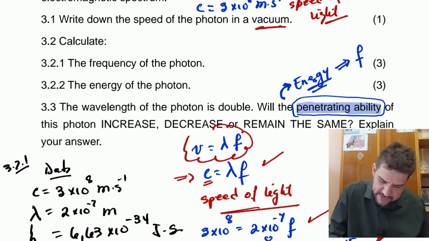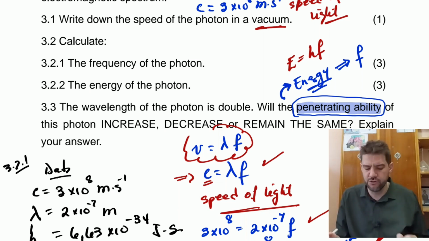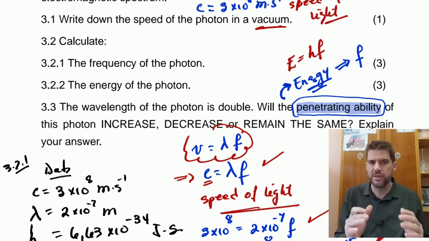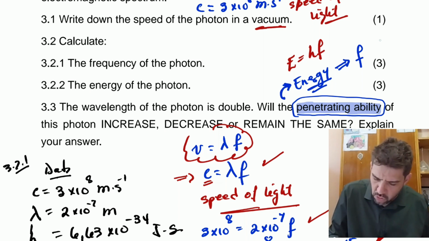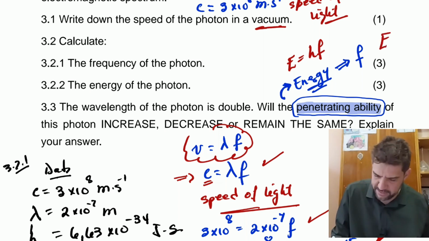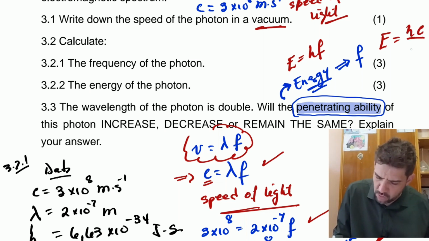How do I know that? Well, the formula is E equal to hf. It means if you increase the frequency, you increase the energy. But the other formula is also related to wavelength: E equal to hc divided by wavelength.